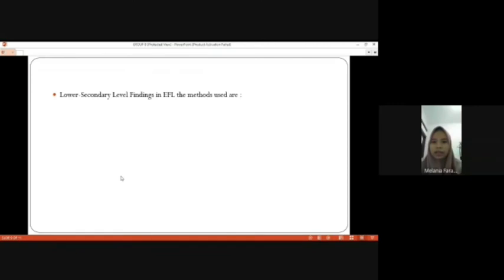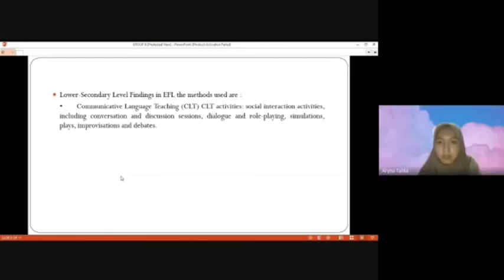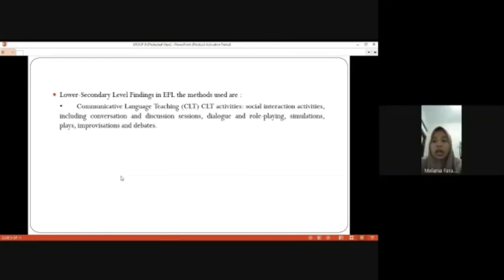Okay, the next slide is the lower secondary level findings in EFL. The methods used: the first is communicative language teaching or CLT, and the activities are social interaction activities, including conversation and discussion sessions, and then dialogue and role playing, simulations, plays, improvisations, and debates.